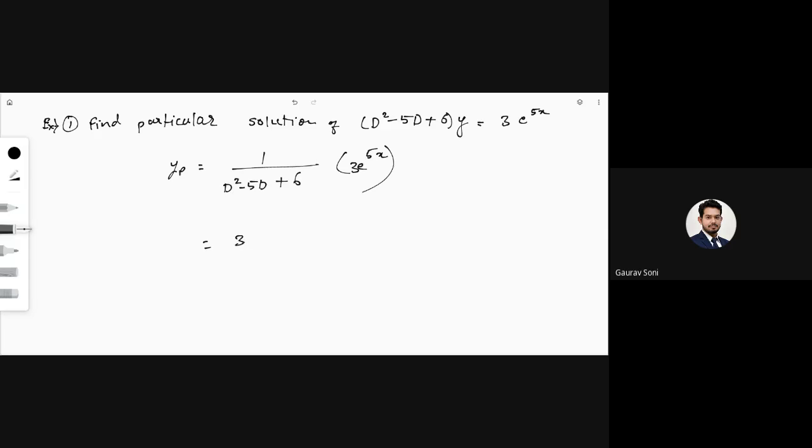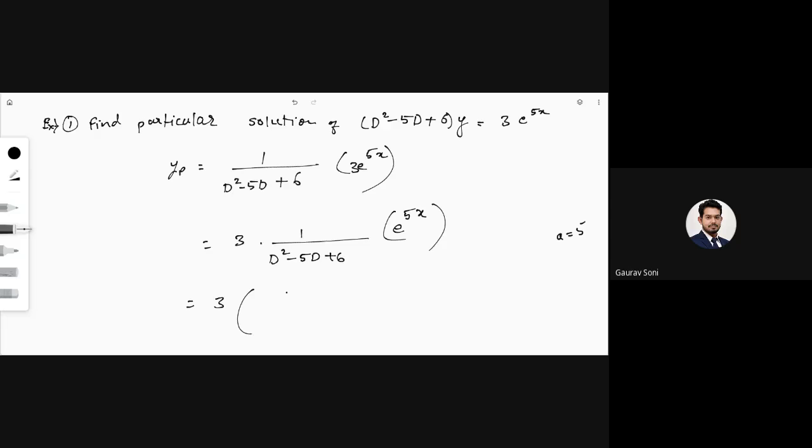3 will come outside being constant, 1 upon D square minus 5D plus 6 e to the power 5x. So 1 upon phi of D, e to the power ax. The value of a is 5. So whenever you see e to the power ax, replace D by a.